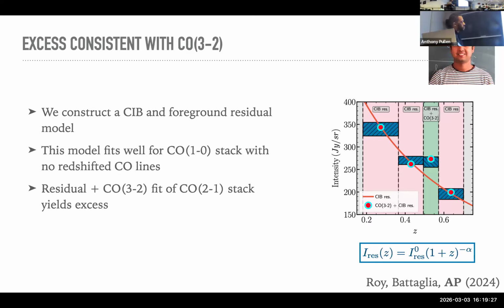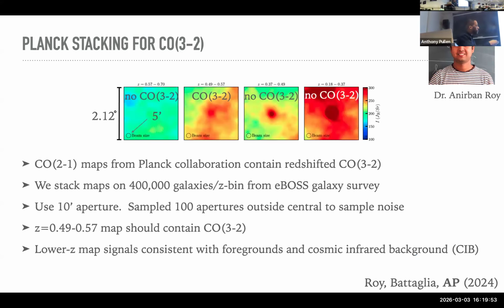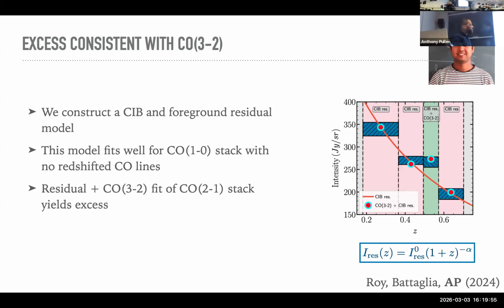Using the stacking, we make this plot where we sample the full intensity by modeling it as a power law. We measure these intensities using the stacking, and we get these results. The intensity for most of the bins can be described by this power law, which would be consistent with cosmic infrared background emission. However, we get this excess in the emission associated with this redshift range, and we find that this would be consistent with an expectation for CO emission.